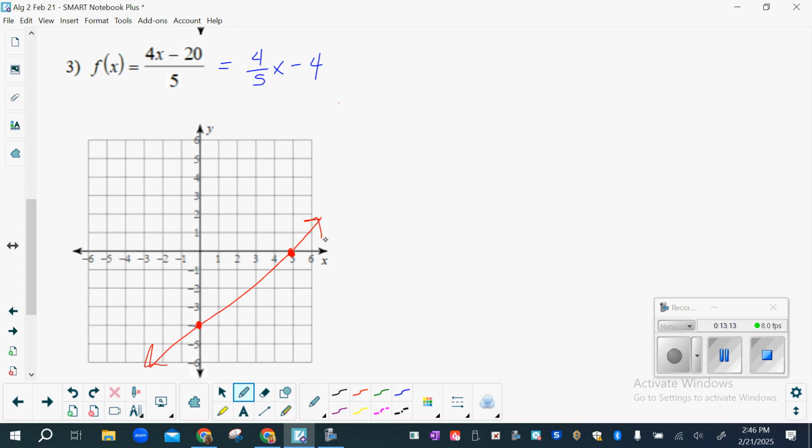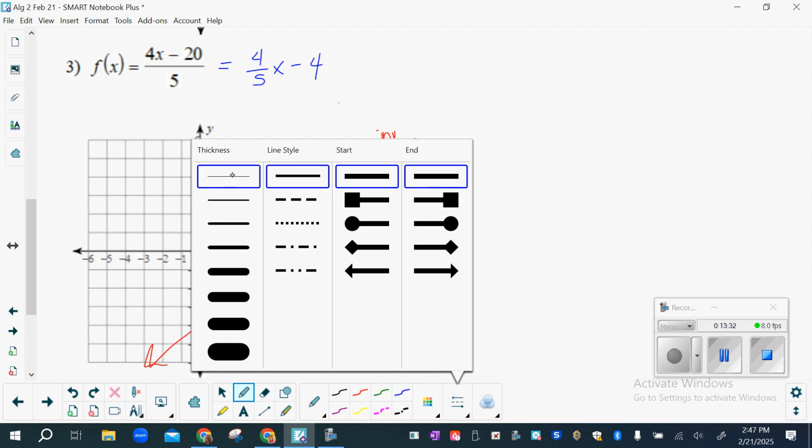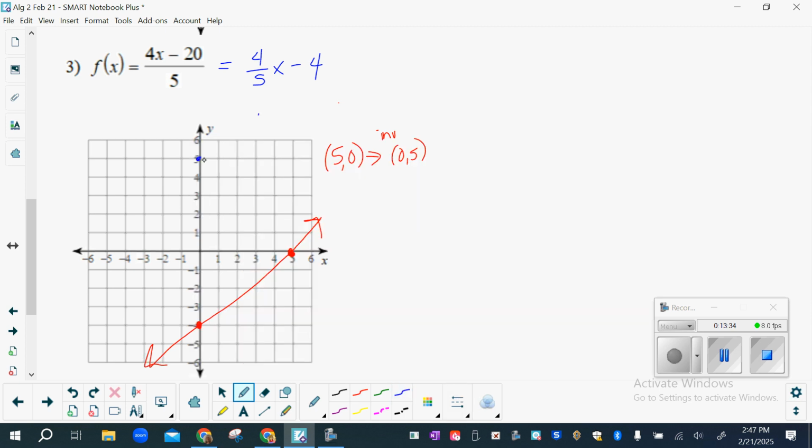Okay, so we get a point. What is a point on the red line? 5, 0. Okay, so we're going to take 5, 0 and get the inverse. What's the inverse? 0, 5. And then another point on this line besides 5, 0, another point on the red line.